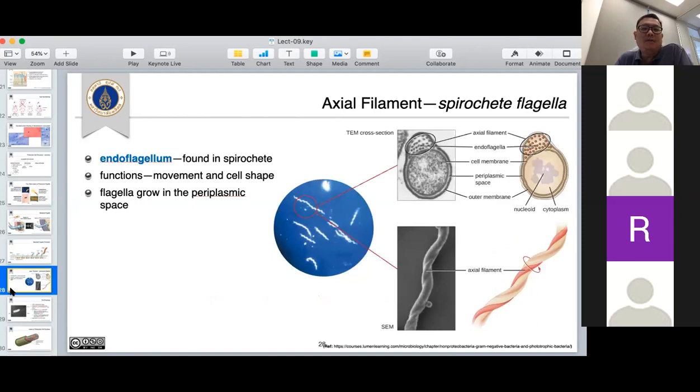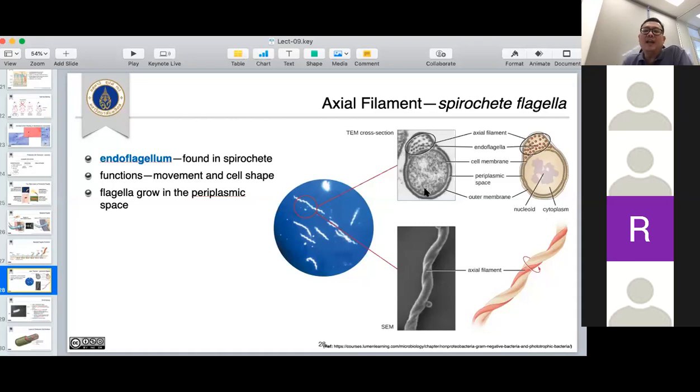For spiral flagella, this happens only in spirochetes. Flagella do not project out of the outer membrane, but stay in the periplasmic space. So this is the cell membrane, and this is the periplasmic space, and the dot here is flagella. This is a cross section of a spirochete.